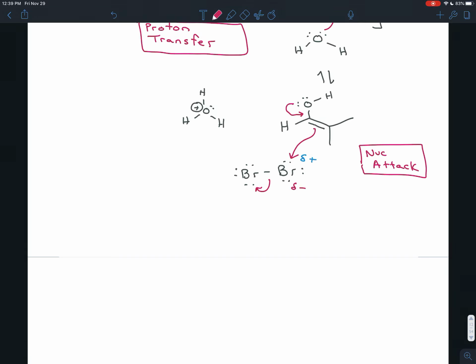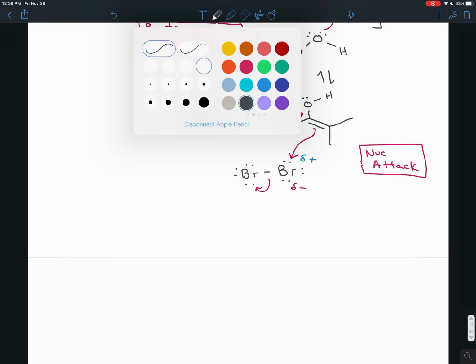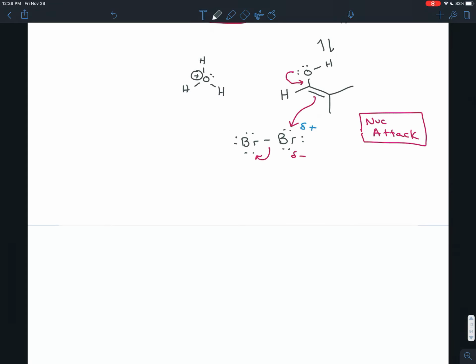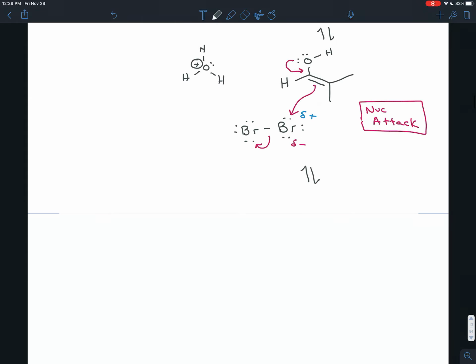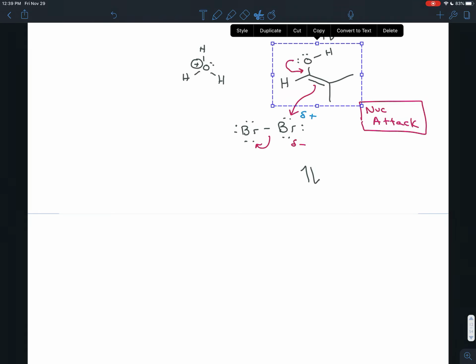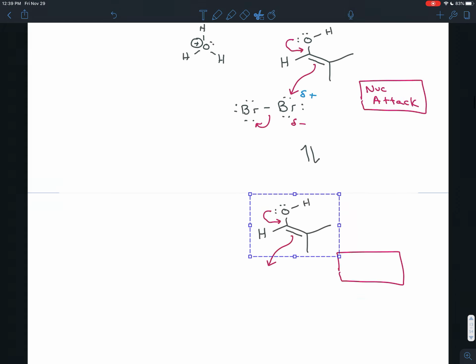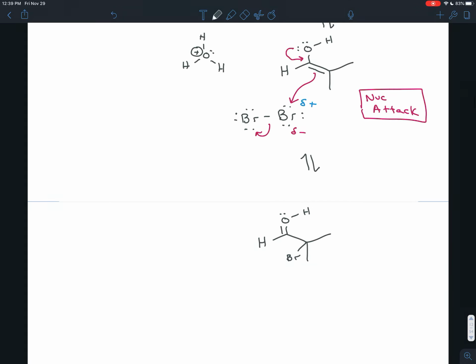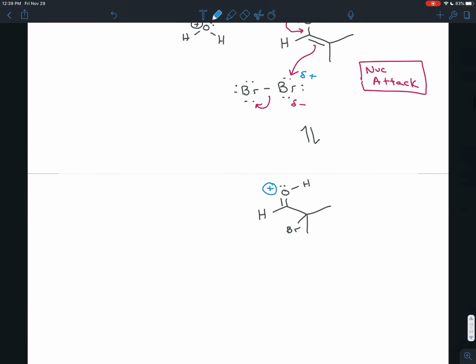You may think of this as loss of a leaving group. So at this stage, we have that new pi bond, and we have a bromine on the alpha carbon. The oxygen has 3 bonds and so has a full positive charge.